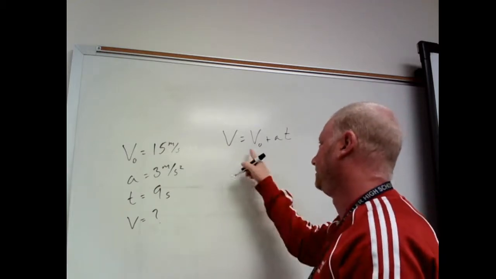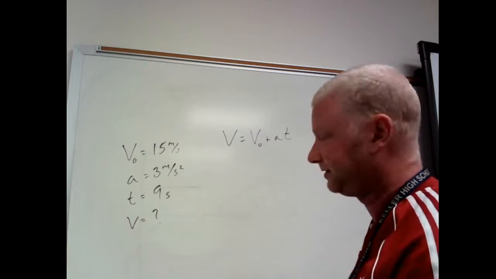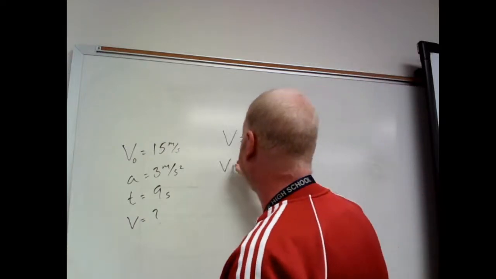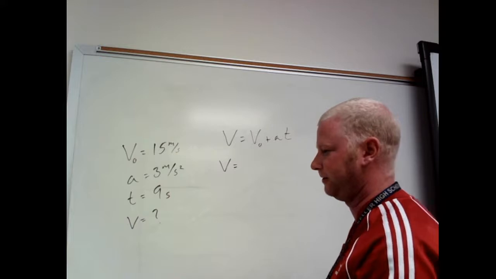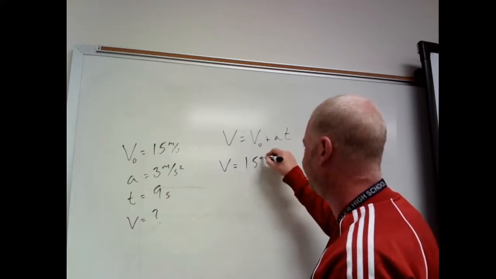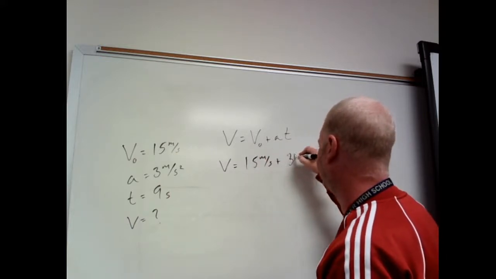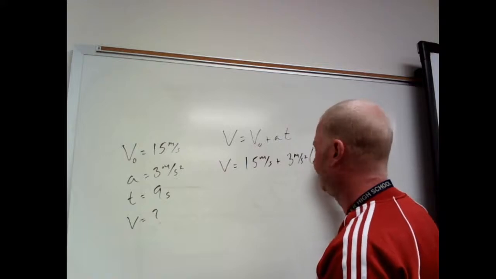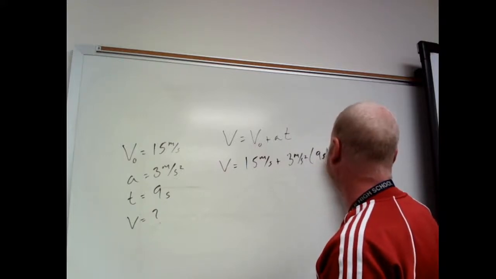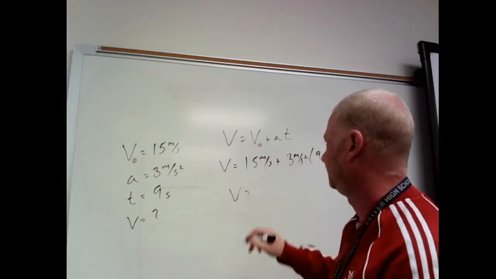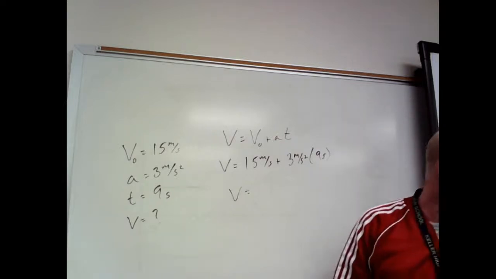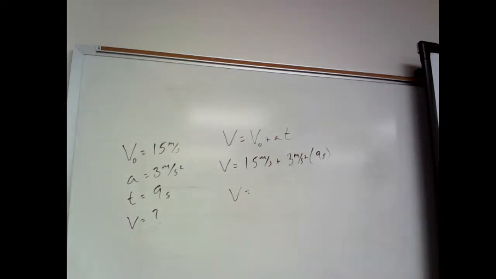So now we know what equation we're going to be using. Let's go ahead and substitute in our values. Final speed is still unknown. Initial speed is 15 meters per second, acceleration is 3 meters per second squared, and time is 9 seconds. So solve that out, and we get, with a calculator here, 3 times 9 is 27.